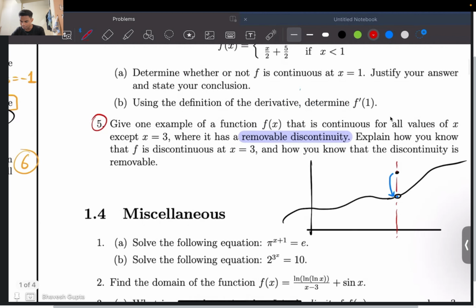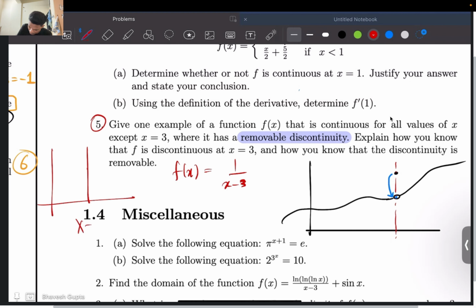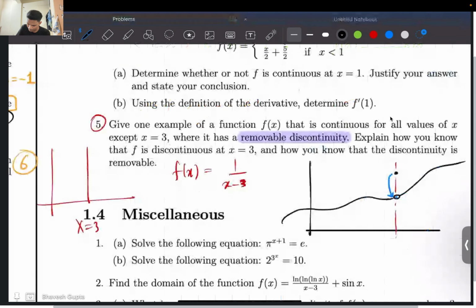And please don't construct a function in which you don't have a definition at x equal to 3. For example, this kind of function. This is not a valid example because you have an irremovable discontinuity. Why? Because now at x equal to 3, you have something like this.